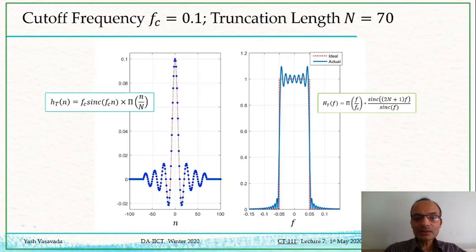Because this h of n, or even in this case, truncated h of n, ht of n, is defined for values of n less than 0. In a way, this is good because this ht of n is a symmetric function of n, and therefore its Fourier transform is real valued.